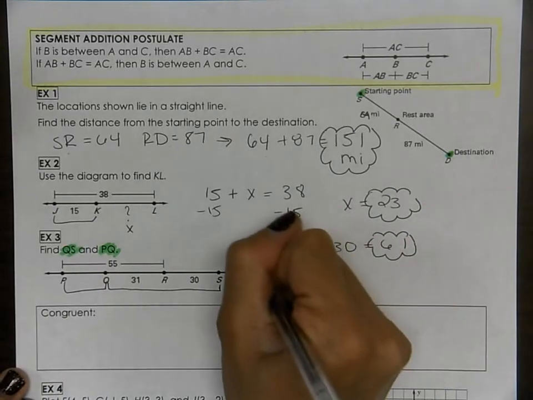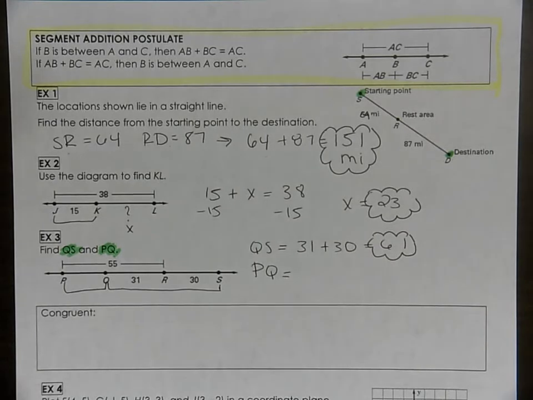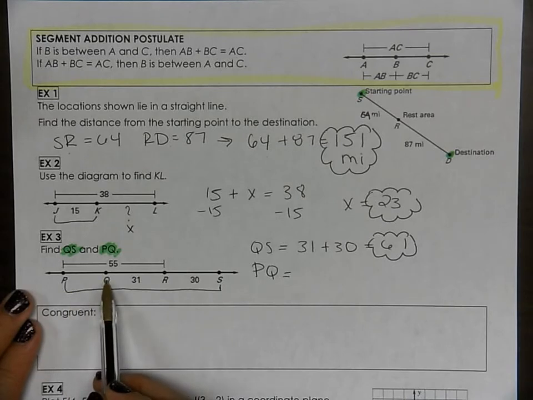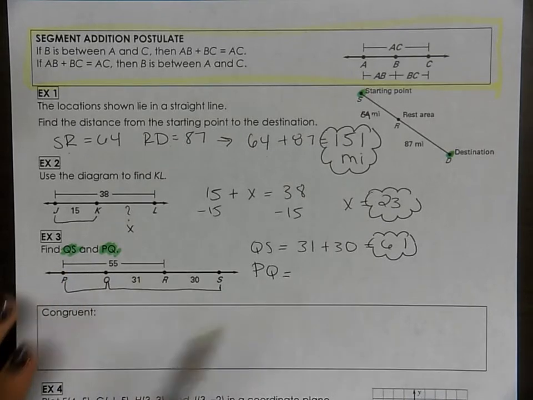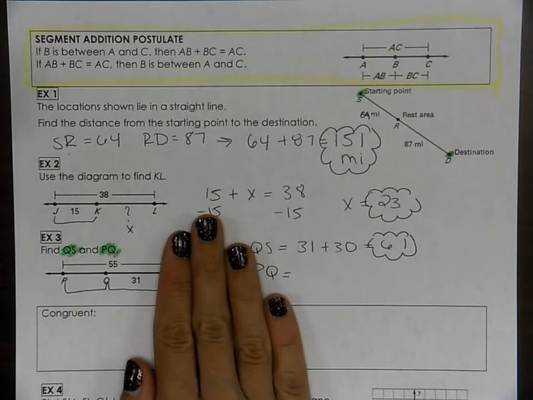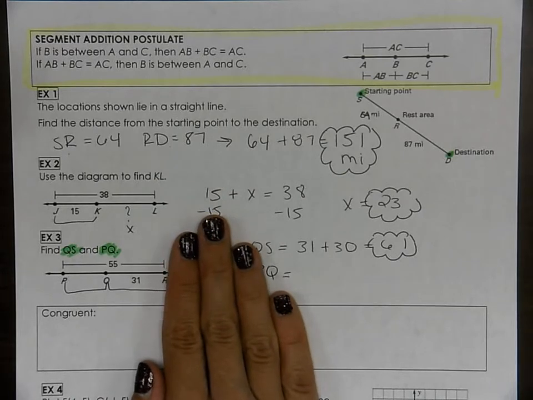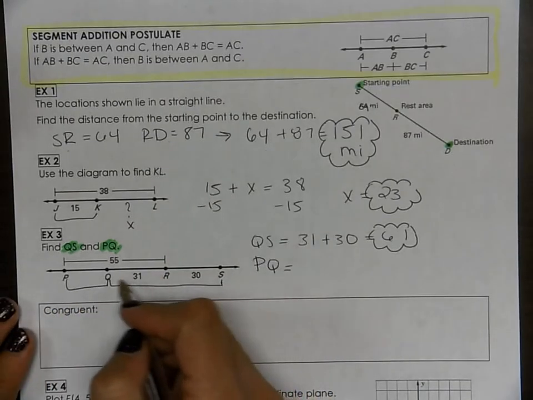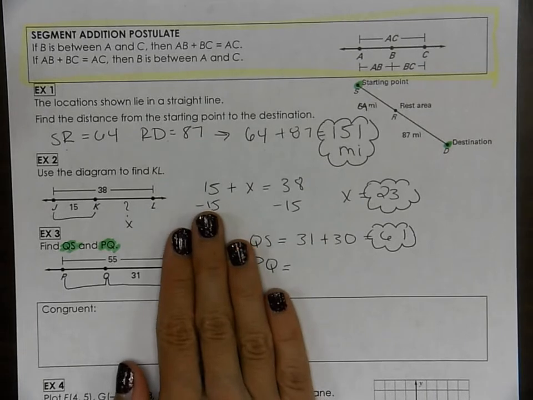Now P to Q is not a ton harder, but you have to do some subtraction, so maybe a little bit. But P to Q, I'm finding this little chunk here. I'm going to look at this half now. I know P to R is 55, and I know this little piece from Q to R is 31.